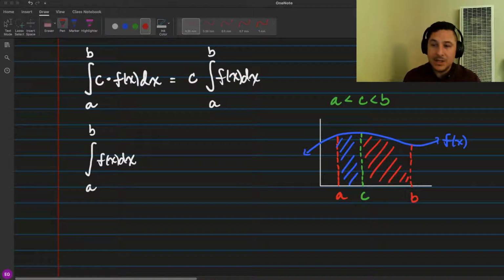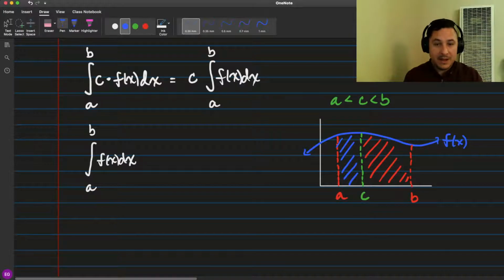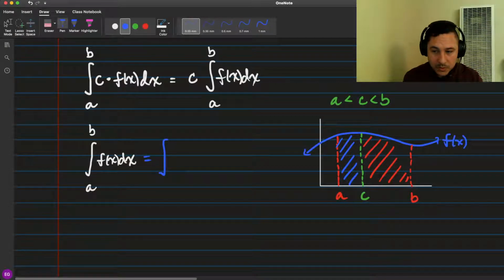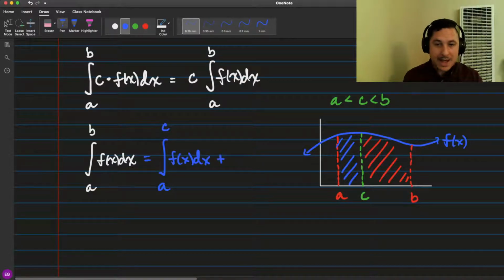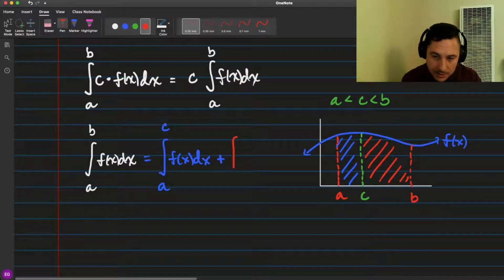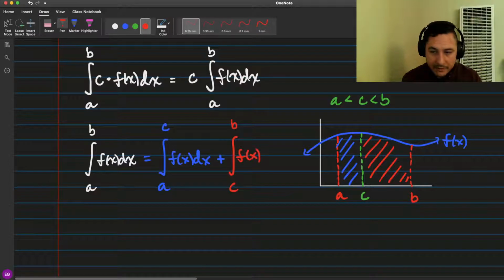If you add these two areas together, you get the original area between A and B. So this will be equal to the integral between A and C of f of x, and then I could add to that the integral between C and B of f of x.